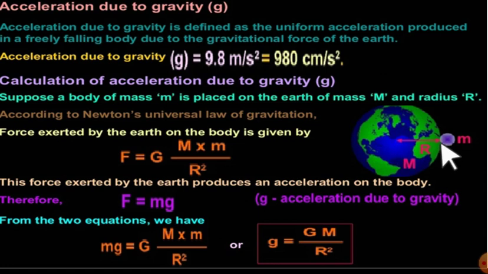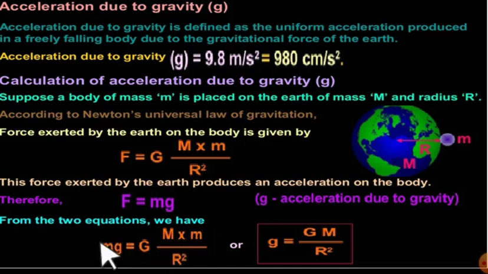We will not take that distance as 0. As I told you in the universal law of gravitation, the distance between the two objects means the distance between their centers, okay? So the radius of the earth will be the distance between the two objects, capital M and small m.